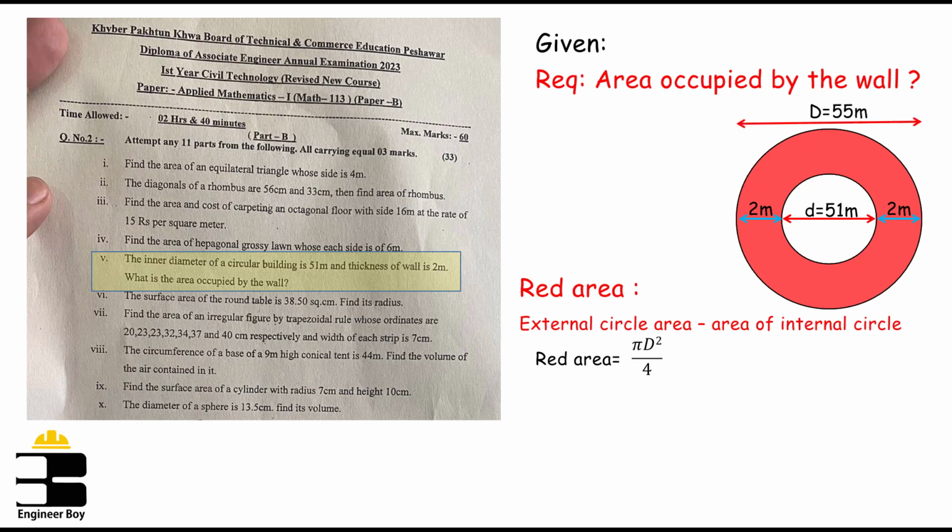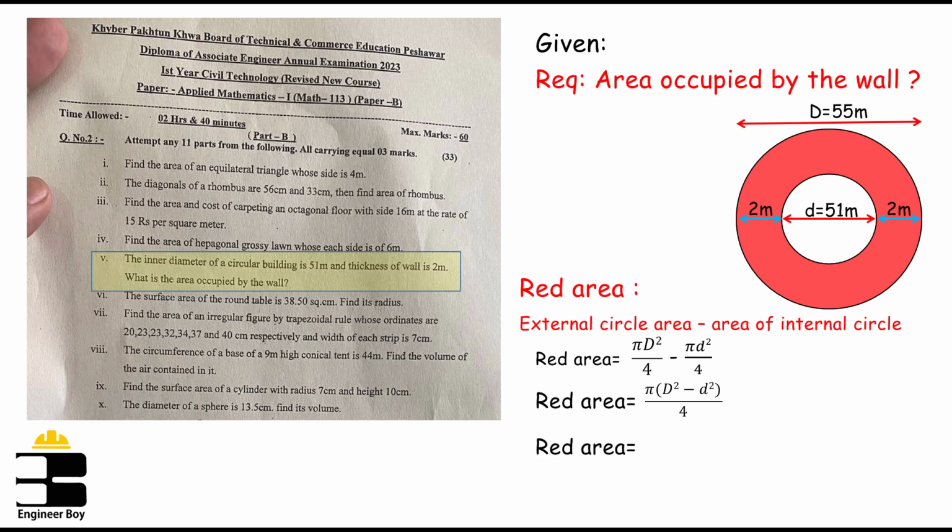This time, as you can see in the diagram, capital D is 55, because 51 plus 2 times the wall's thickness, which is 2 meter and 2 meter, becomes 55. So pi D square divided by 4 minus pi small d square divided by 4. You can also take pi by 4 as common from the same formula, so we can get this.